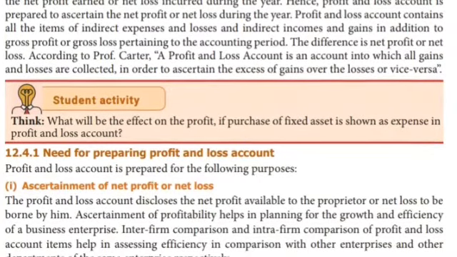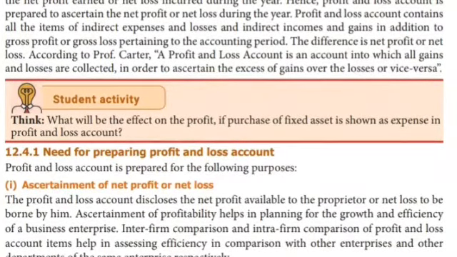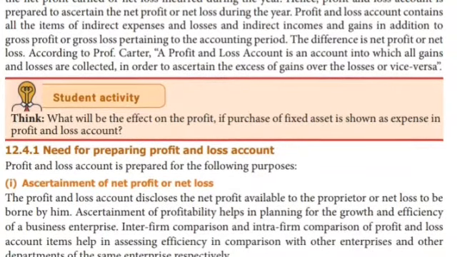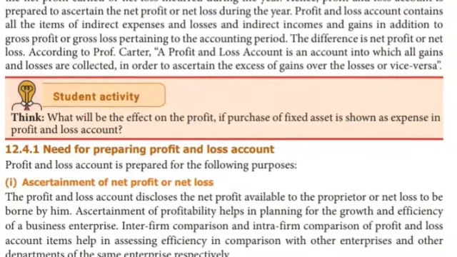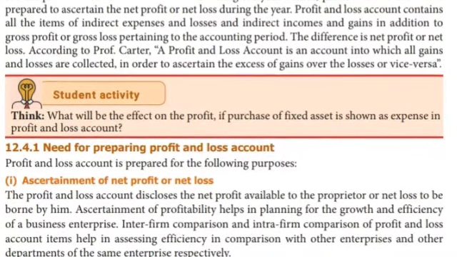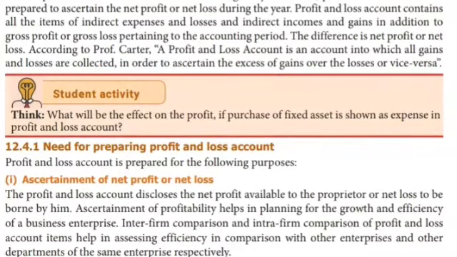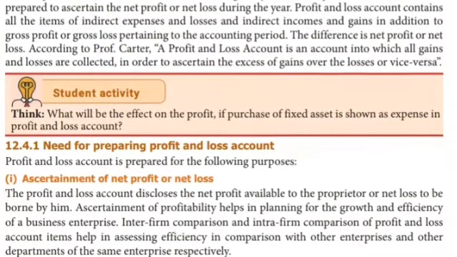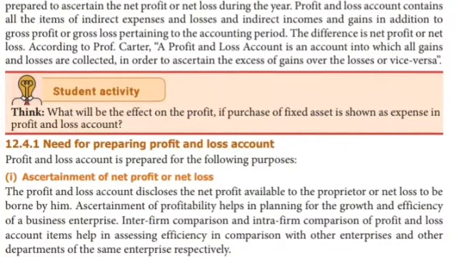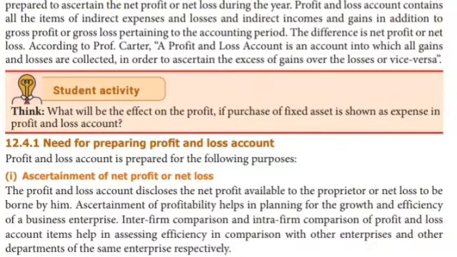According to Professor Carter, a profit and loss account is an account into which all gains and losses are collected. In the P&L account, all the gains and losses are collected in order to ascertain the excess of gains over losses, or vice versa. We do not find only profit.